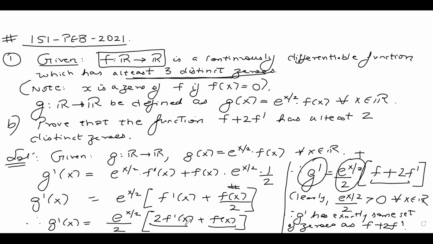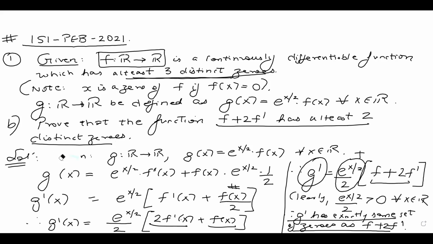Okay, now let us show that f plus 2f dash has at least two distinct zeros. So first of all, let us see how many zeros g dash will have, because we have already shown that g dash is going to have the same set of zeros as f plus 2f dash. So let us now find out how many zeros g dash will have. Okay, now from part A, we have shown that g also has three distinct zeros.